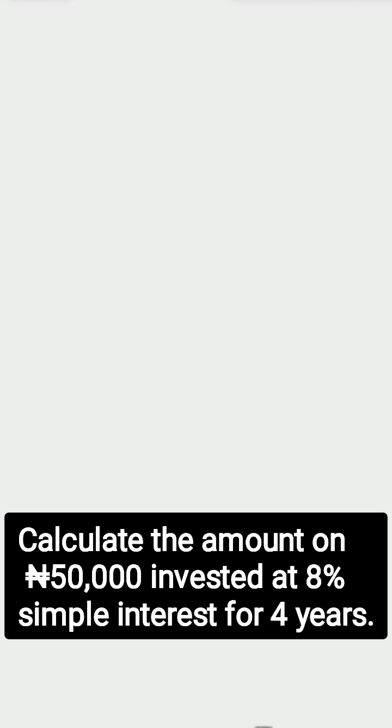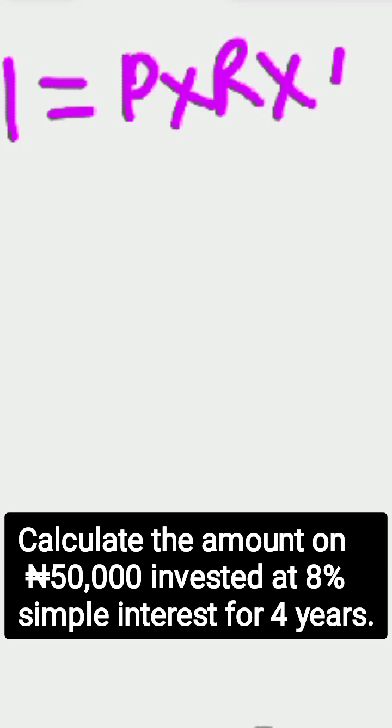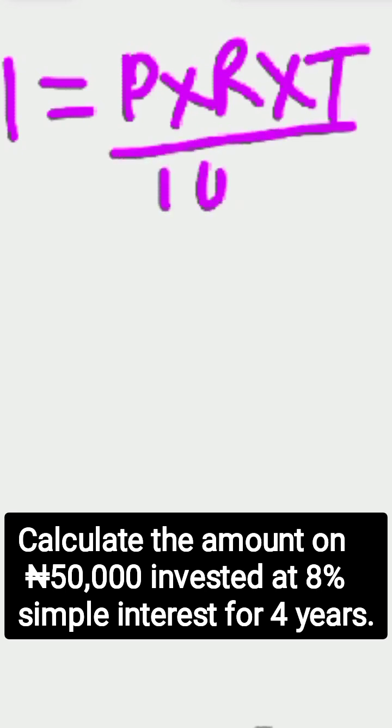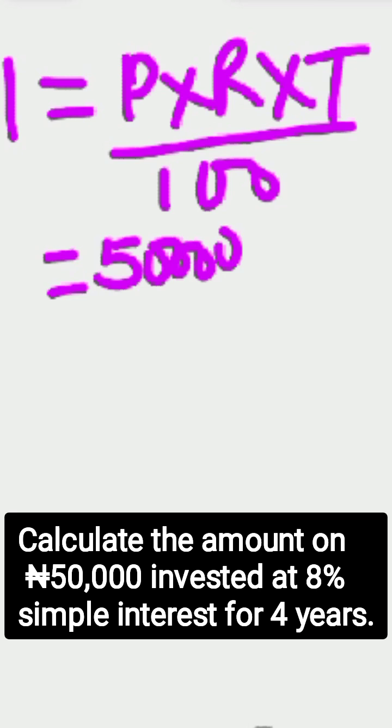Now, before you calculate the amount, you have to find out the interest, because you know that the amount means interest plus the principal. So let us calculate the interest. Our formula is I is equal to P times R times T all over 100. Here our P is 50,000 naira, our rate is 8%, and our time is 4 years.